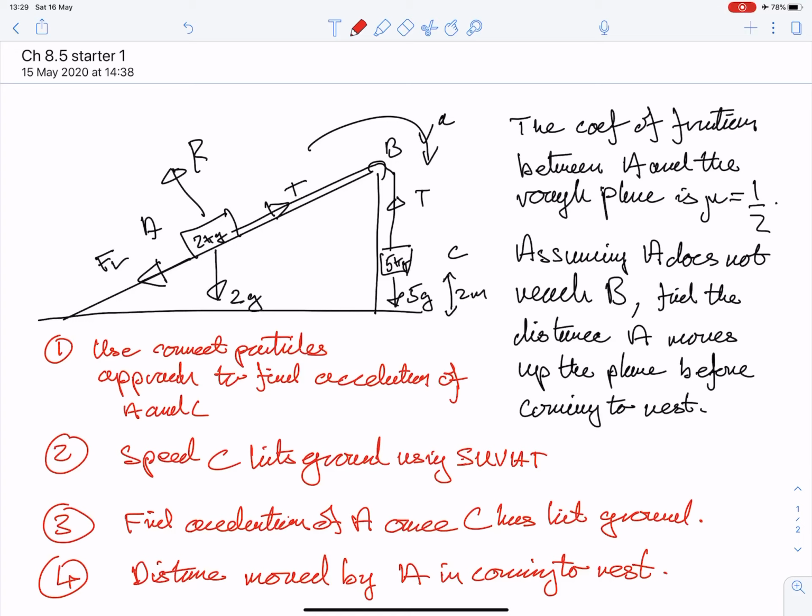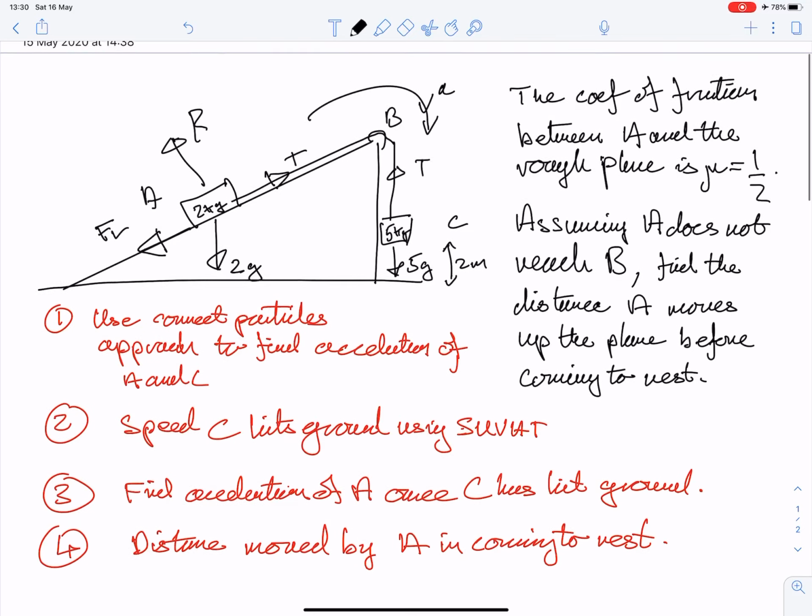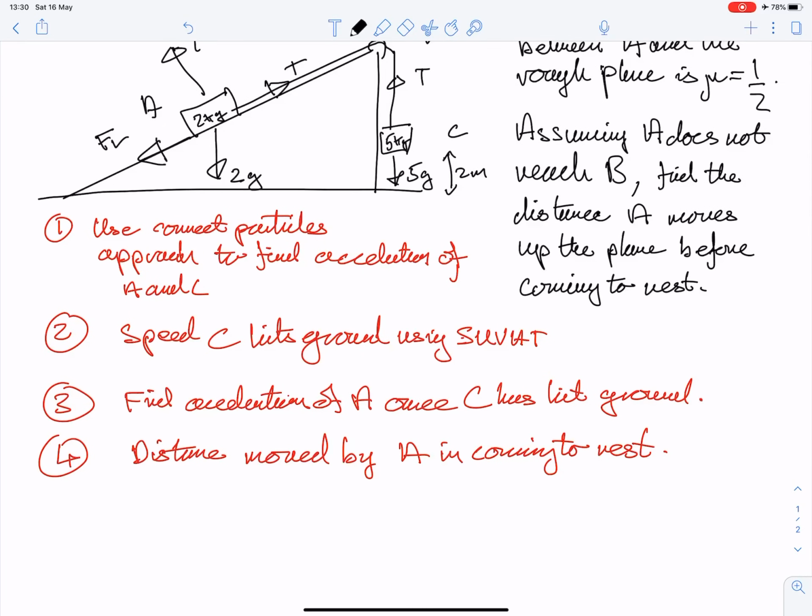And probably the thing that I haven't highlighted in what I've written there is the speed that C hits the ground is the speed that A is travelling up the plane. And then when the string becomes slack, there's no longer acceleration up the plane, but the friction will act now. The friction will continue to act down the plane, slowing it down until it comes to rest.